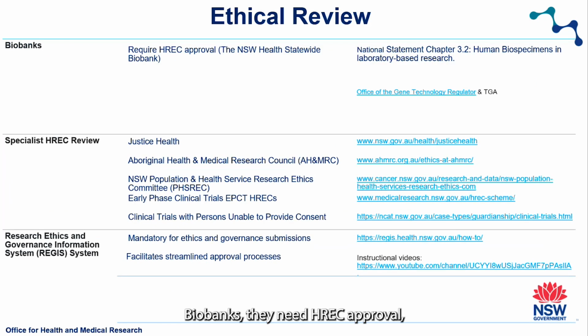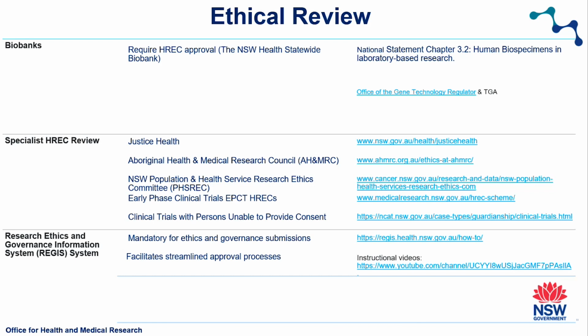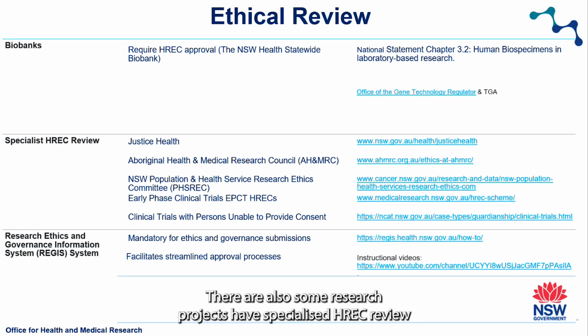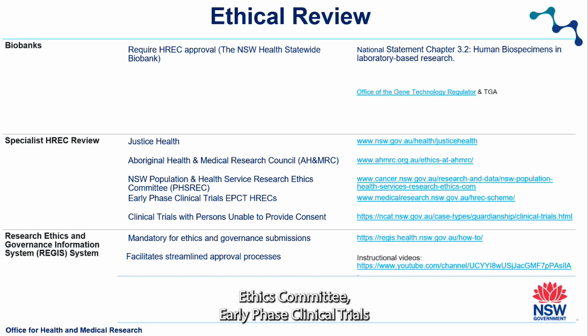Biobanks need HREC approval, and they are supported by New South Wales Health statewide biobank partnerships. Also, some research projects have specialized HREC review requirements, such as Justice Health, Aboriginal Health and Medical Research Council, New South Wales Population and Health Service Research Ethics Committee, early phase clinical trials, and trials with persons unable to provide consent.